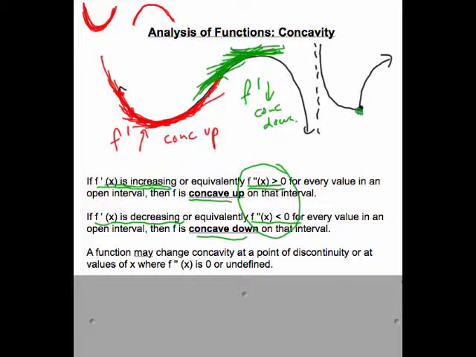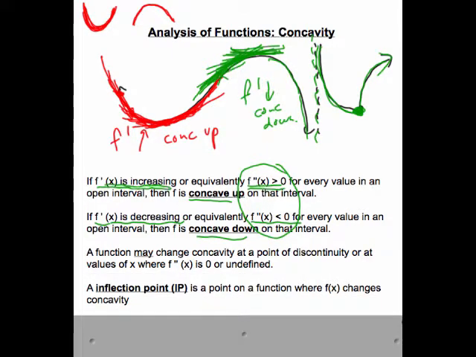Right here, this point right here has a first derivative that's undefined because we have a cusp. So obviously the second derivative would be undefined, and you can see we have a concave up part of the graph and we have a concave down part of the graph. So concavity could change, doesn't always, but it could, as well as at points where the function is discontinuous. So for example, at the asymptote, we're going from a concave down part to a concave up part.